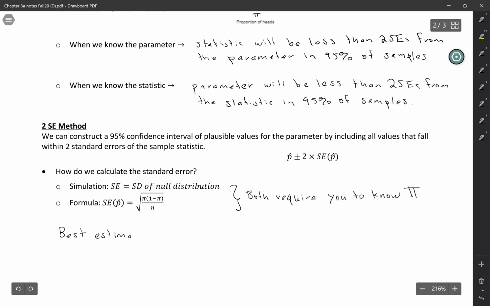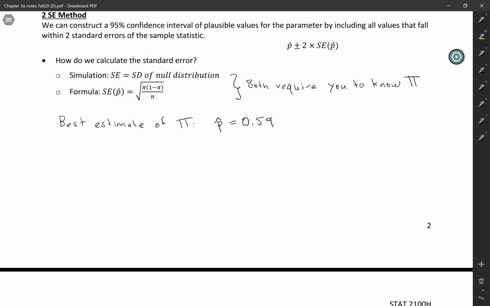our best estimate of pi. And right now, the best estimate of pi that we have is our sample proportion p hat. So in this case, our sample proportion is 0.59. All right, so let's plug into this formula. I'm going to do p hat plus or minus 2 standard errors.